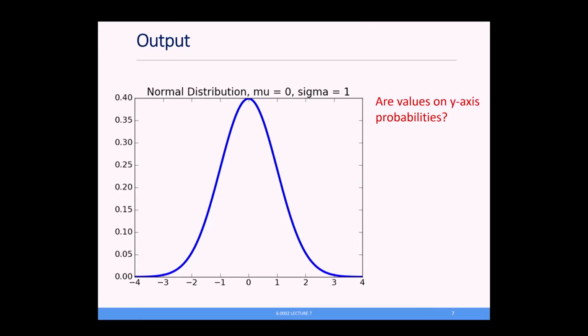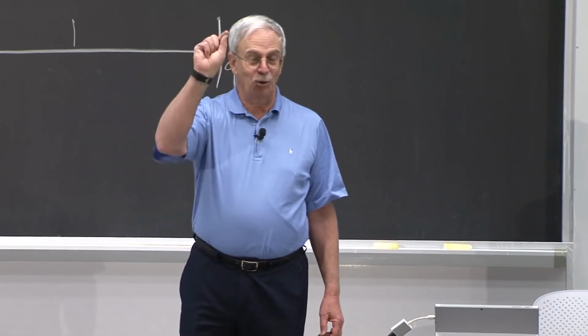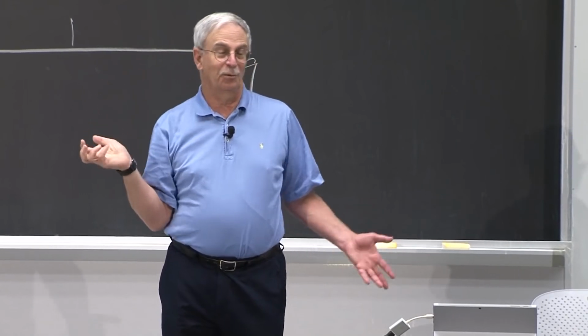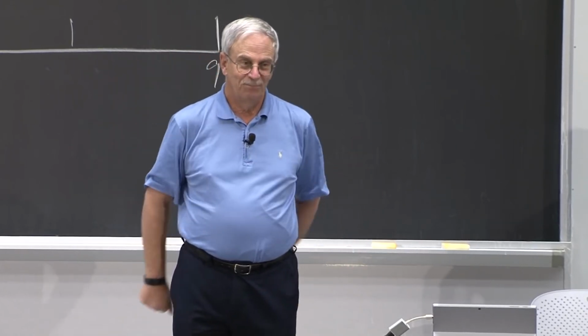We kind of would like to interpret them as probabilities, right? But we could be pretty suspicious about that. If we take this one point that's up here, and we say the probability of that single point is 0.4, well, that doesn't make any sense. Because in fact, we know the probability of any particular point is 0 in some sense, right?